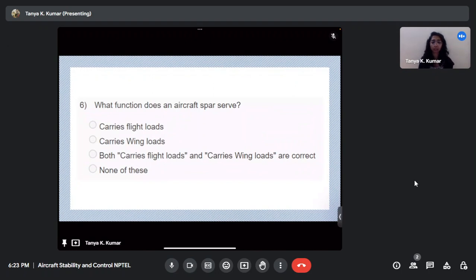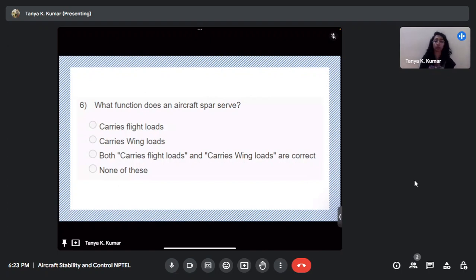Does it carry the flight loads, wing loads, or both of these, or none of these? Carries both flight loads and wing loads, right?